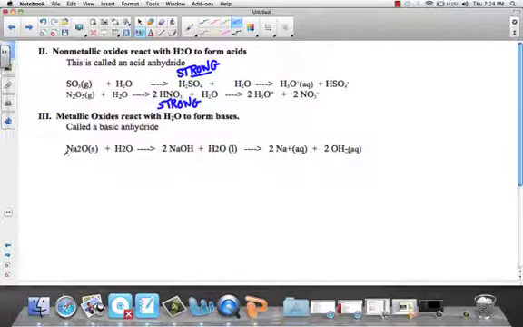Sodium is a metal, oxygen a nonmetal, plus water is going to yield sodium hydroxide. Again, sodium hydroxide is a strong base, so it's going to instantaneously dissociate because this is in water and turn into Na+ and OH-.